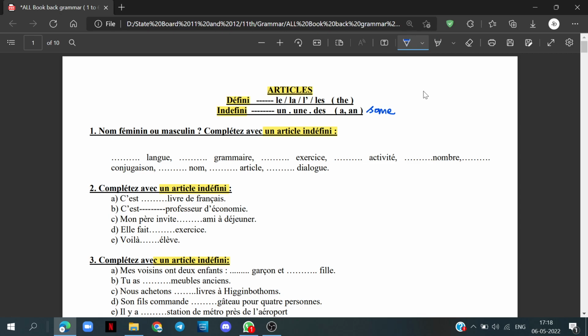And as usual, you have to remember that words ending with e are feminine, words not ending with e are masculine, and words ending with s, x, and z are plural, though they can be singular as well as plural. But if the word doesn't follow this basic rule, then they are called exceptions.